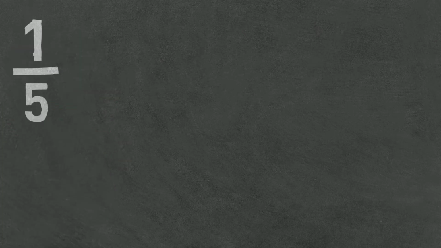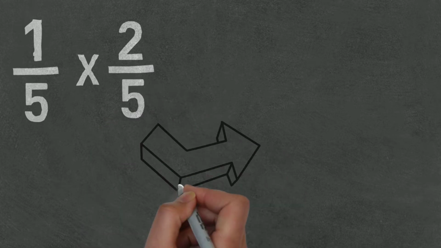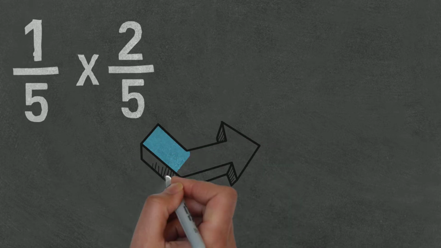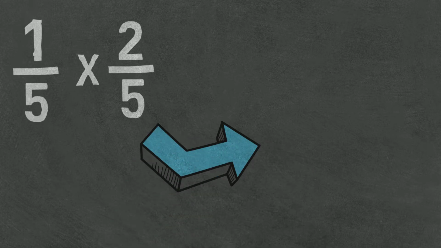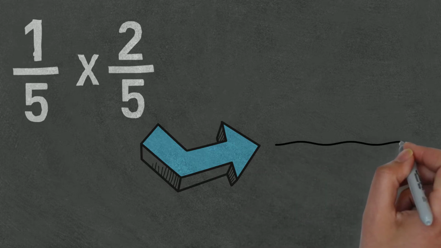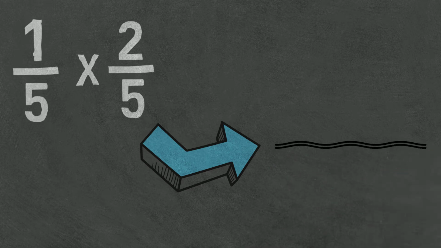So now we are looking at fractions like division problems, let's jump straight in and have a look at the question 1/5 times 2/5. Thinking back on what we've just covered, this is the same as 1 divided by 5 times by 2 divided by 5. This shows exactly how we have multiplication and division in the same problem.